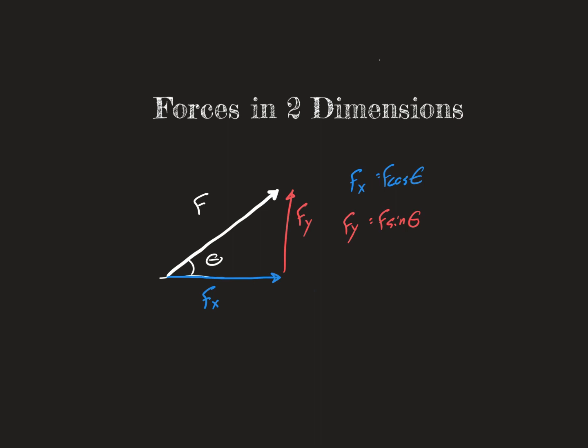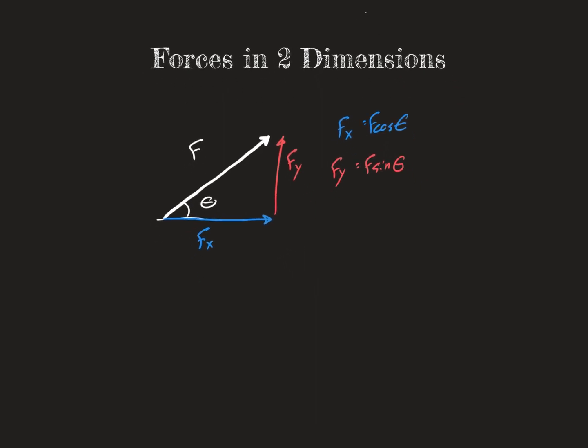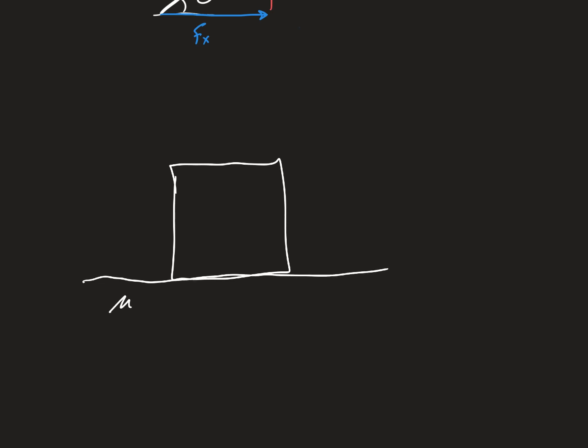But here, what happens is that when forces are applied to an object in 2 dimensions, you have to understand that it occurs kind of all over the place. And so what I'm going to do here is draw a free body diagram. It is a box being dragged across a rough surface, so in other words, there's friction.